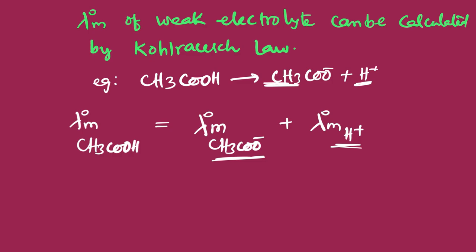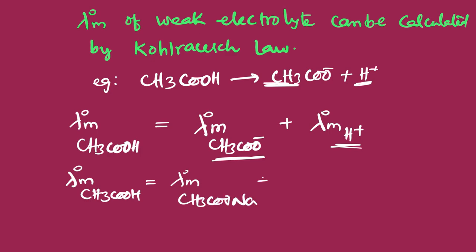How is this determined? For example, lambda naught m acetic acid is equal to lambda naught m CH3COONa, sodium acetate, plus lambda naught m HCl minus lambda naught m NaCl.